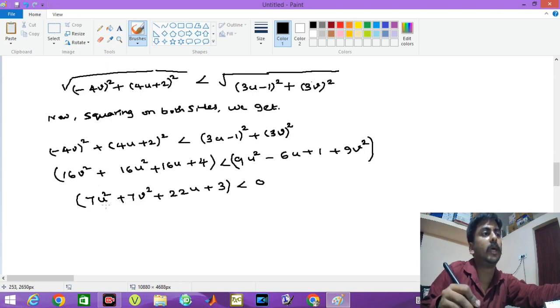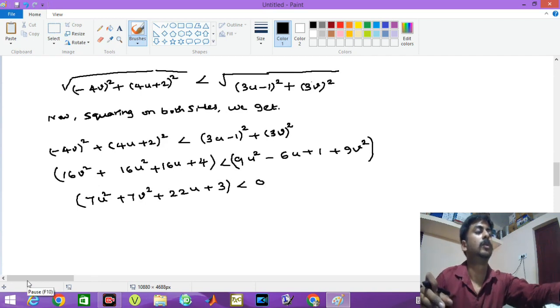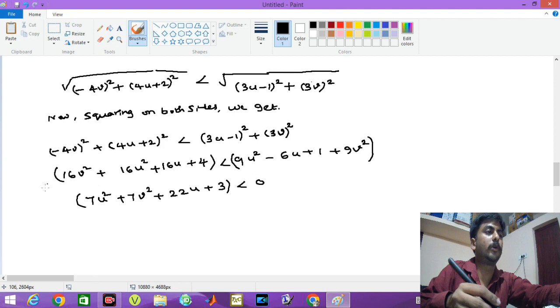But if we make a little change to this, we will get the equation of circle. The change we are going to make here is dividing by 7.